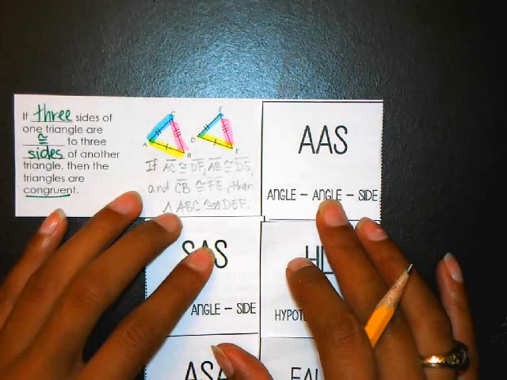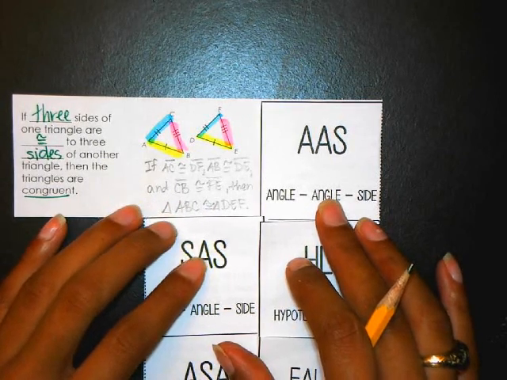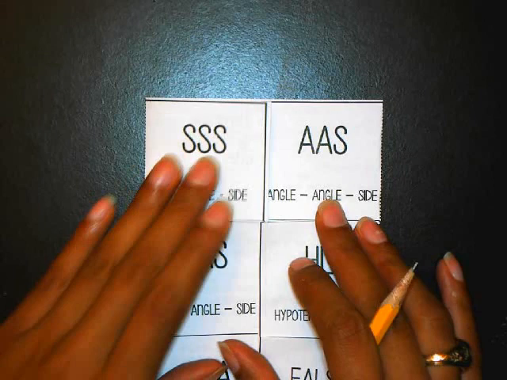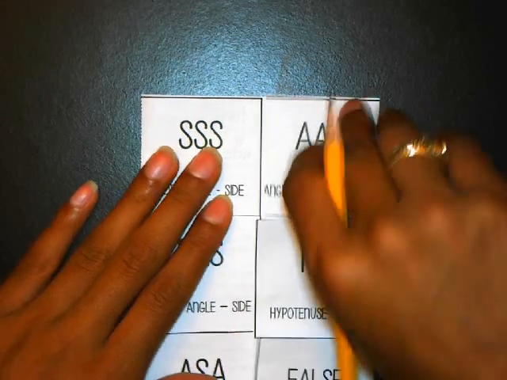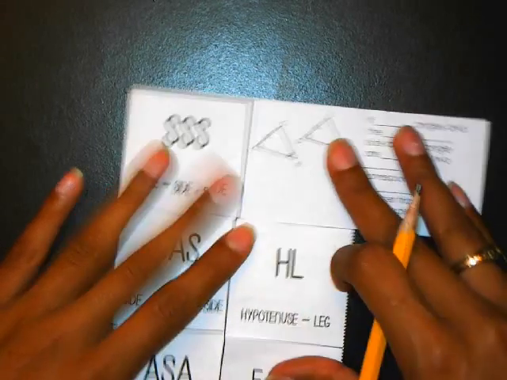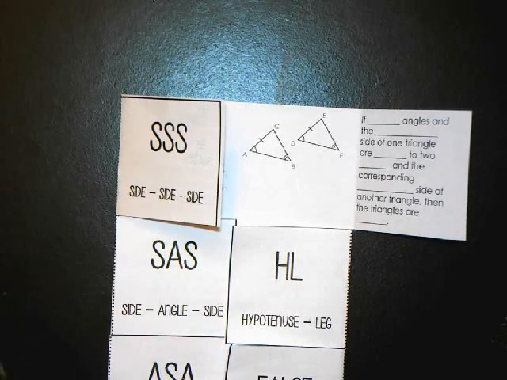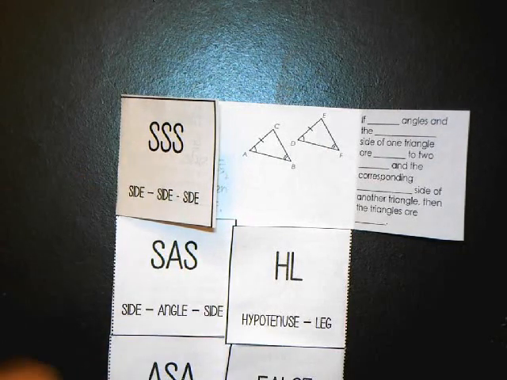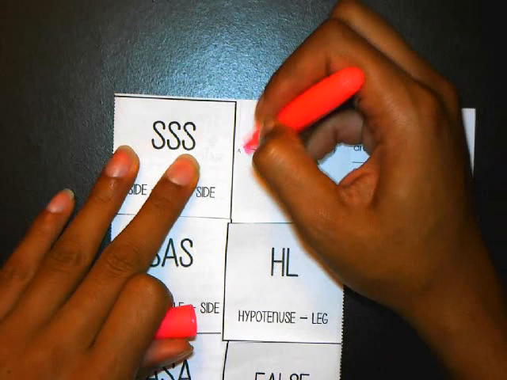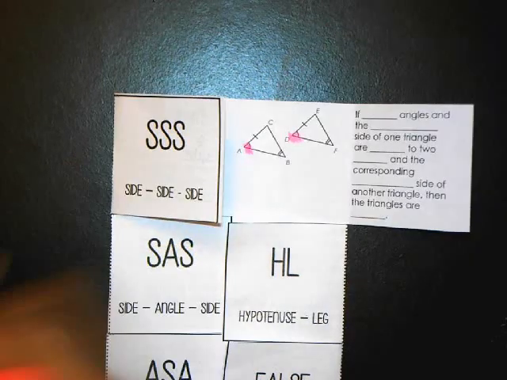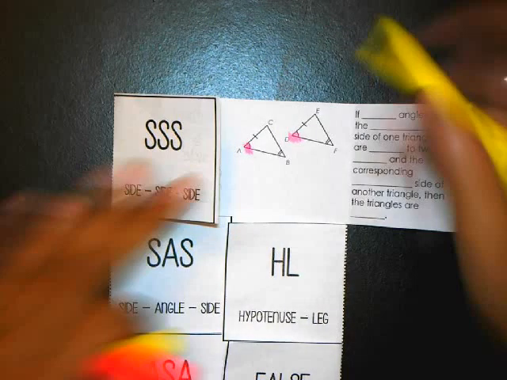Alright? Now, angle, angle, side. Okay? So look at the picture. Notice how we have an angle, and a side.